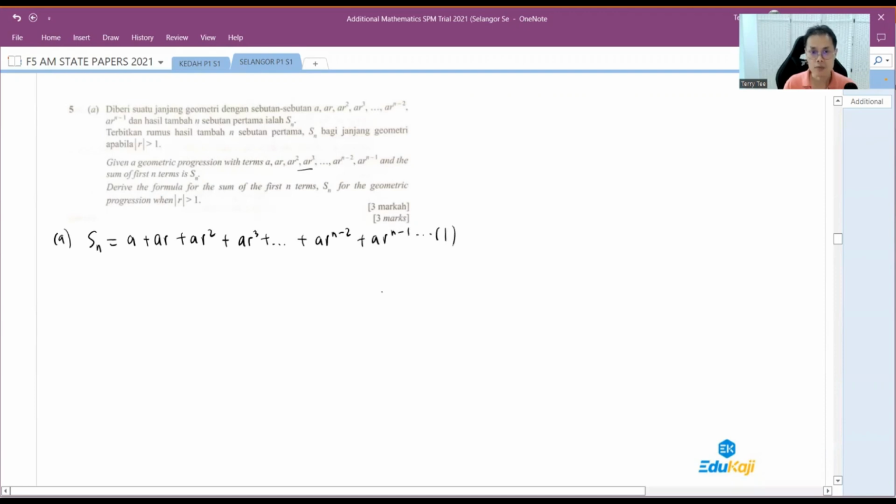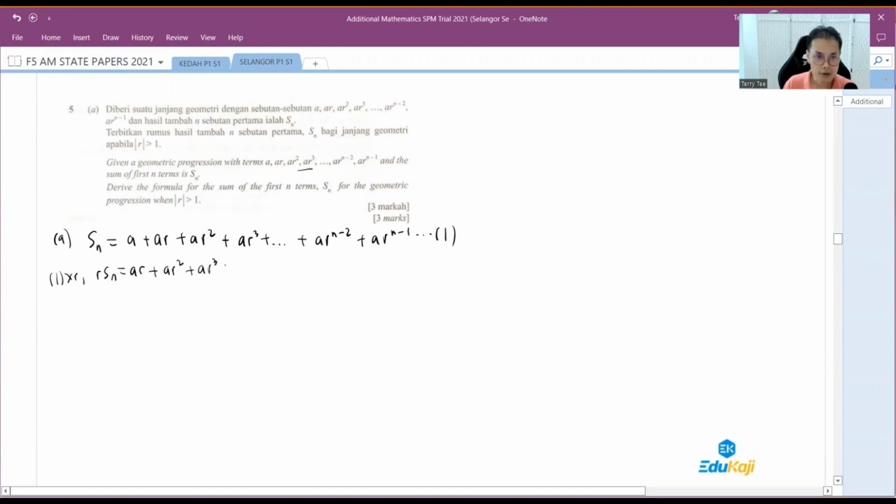So to derive this formula, I need to get rid of all the terms in the middle. Now you notice that if you take equation 1 multiplied by r, you get rSn. If you take your a and multiply by r, you get ar, which is the same as the second term. If you take your ar and multiply by r, you get ar squared, which is the same as the third term.